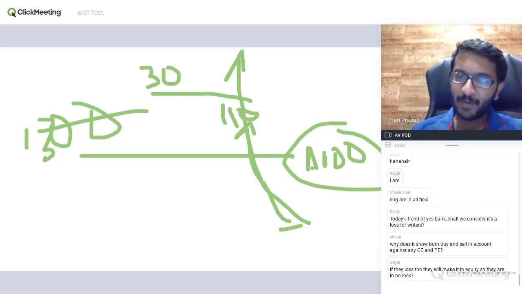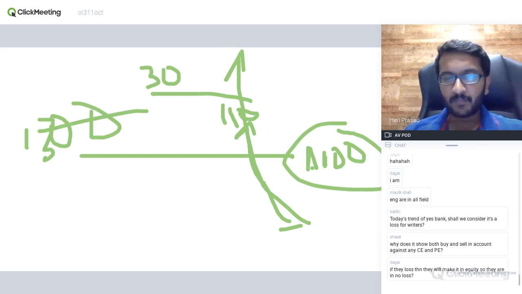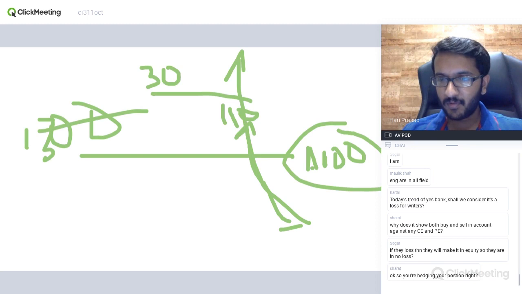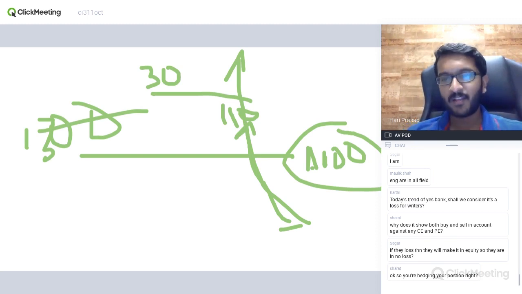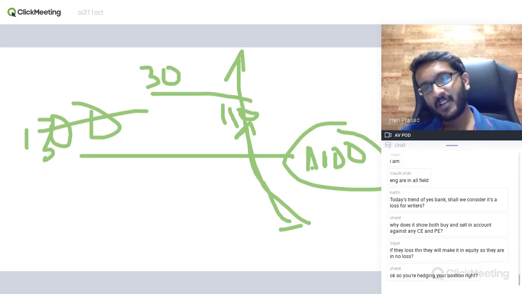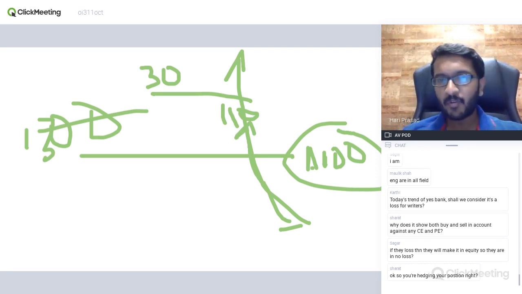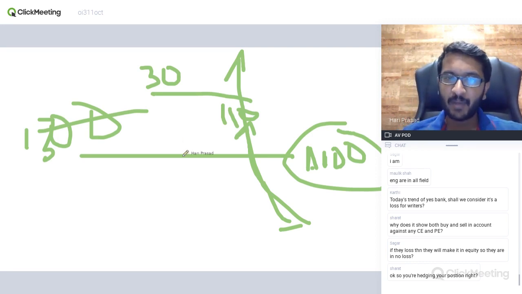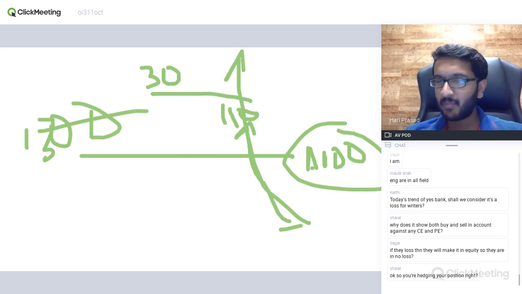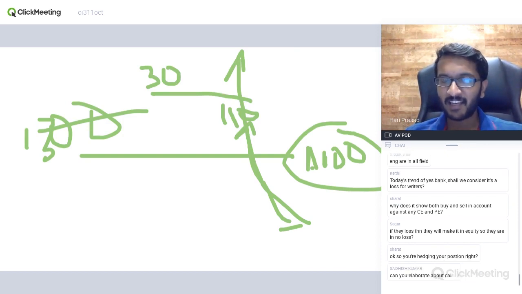Okay, so if the price goes above 110, yeah, exactly, Sharad. I'm hedging my position right now. That's the right answer. You call it hedging. Instead of keeping my assets idle, I feel the price is not going to go above 110. If it goes above 110, who is making a gain?